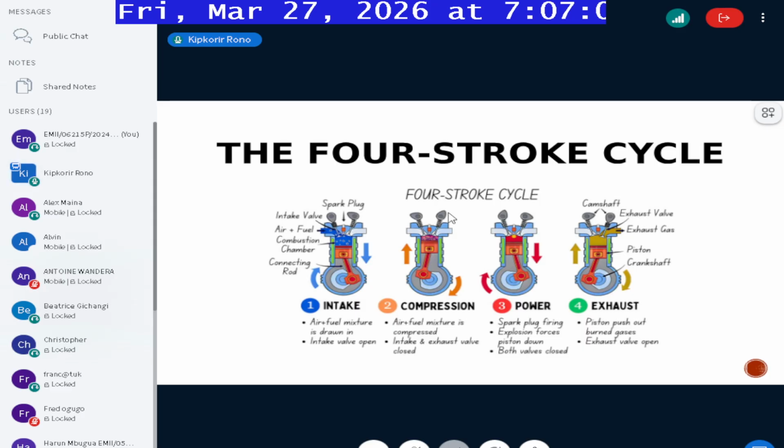So it is at the power stroke where you have the reverse transfer of energy. So remember, the piston and crankshaft operate through kinetic energy, the movement, while the flywheel contains potential energy. So potential energy is converted into kinetic energy to operate intake, compression, and exhaust.